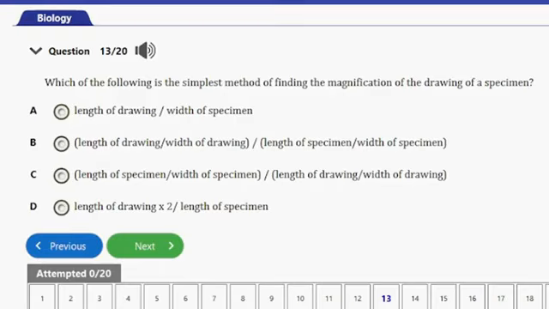D, length of drawing times 2, all over length of specimen. So guys, magnification is usually length of drawing over width of drawing, all over length of specimen over width of specimen. And that's it for this question, and that's option B here, guys.